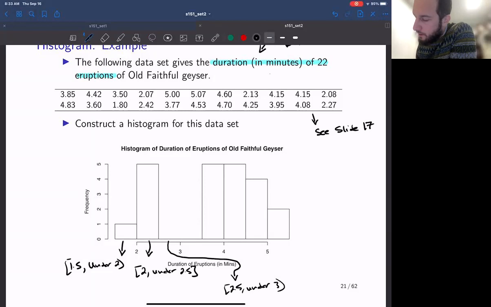So the first bar gets drawn to a height of 1 because we have only one observation between 1.5 and under 2. The second bar gets drawn to a height of 5 because we have 5 observations between 2 and under 2.5. And then we have 0 in the next class, 0 in the next class. Then we have 5 observations between 3.5 under 4, 5 observations between 4 under 4.5, etc.